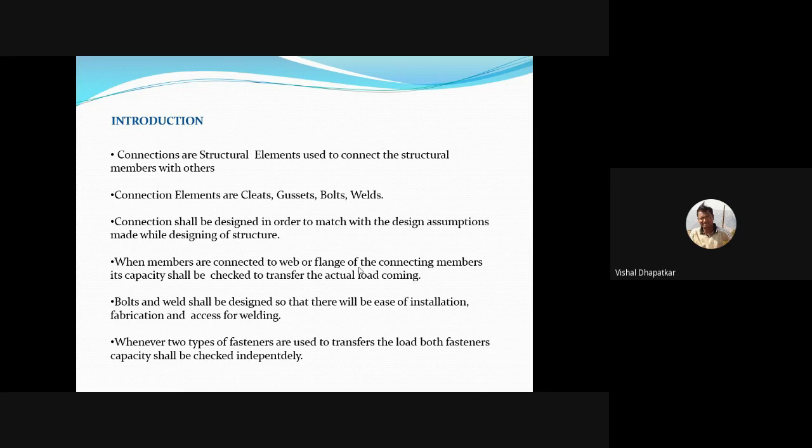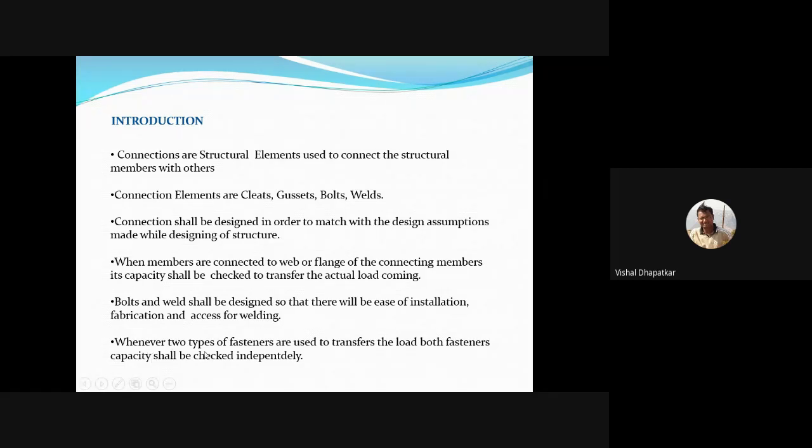Second, it will require skilled labor, so that there should not be any pocket in the weld, and the total weld capacity that is required will be achieved. So that's why, depending on the location, height, and importance of the structure, we have to decide what type of connection shall be provided.